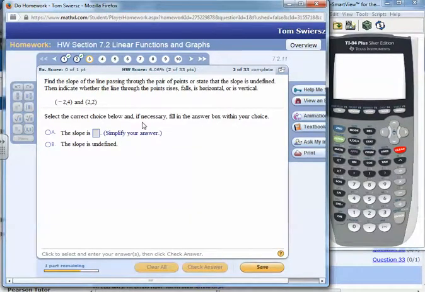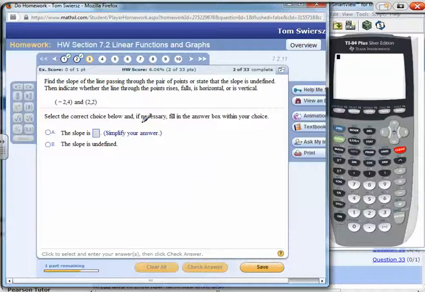Homework exercise number 3. Find the slope of the line passing through the pair of points, or state the slope is undefined. Indicate whether the line through the points rises, falls, or is horizontal or vertical. Okay, the formula for the slope, I'm not sure why, but the book uses m for slope.